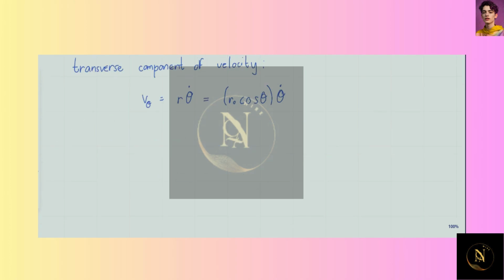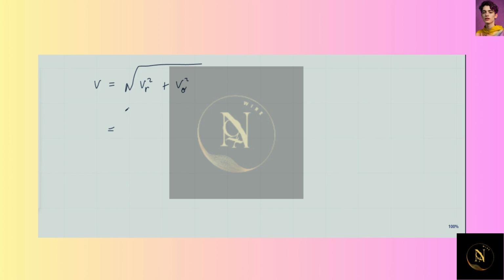So to find the final speed of the particle, v, the magnitude of this speed is simply the square root of vr squared plus v theta squared. And so we simply substitute our two expressions into this equation, and we get this to be r naught theta dot.